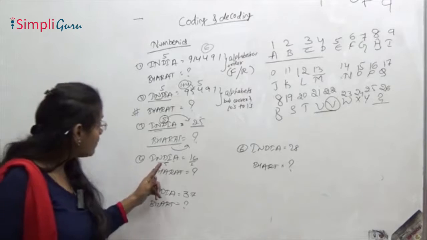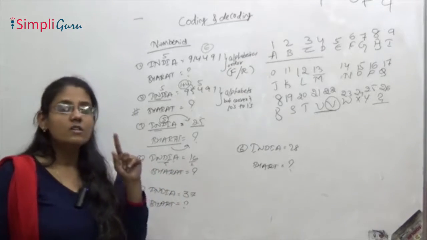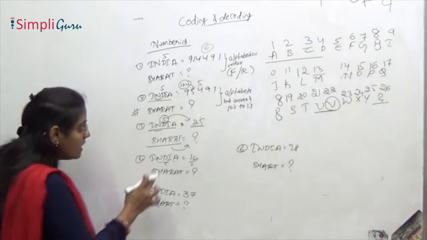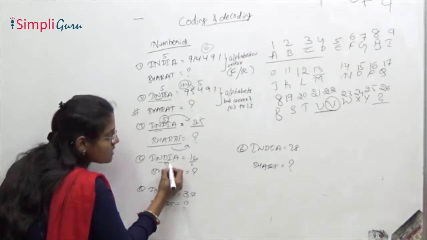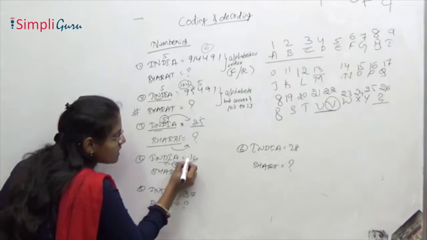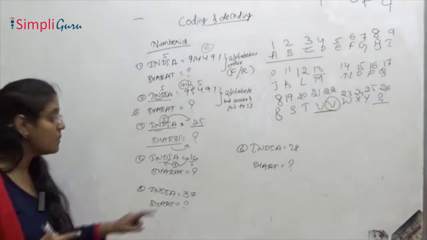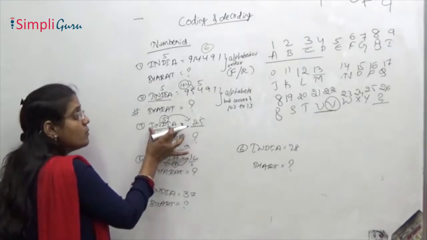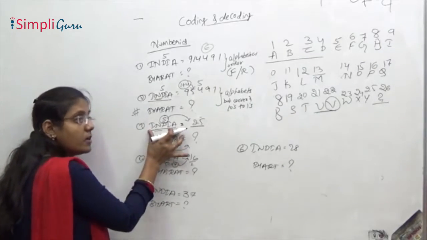But for the 5 alphabets, they have coded the square of 4. The square of 4 is 16. So they are doing 5 minus 1 equals 4, and the square of 4 is 16. This is another possibility in which they play with squares and cubes. So it is not necessary that it should be the square of the number of alphabets only.